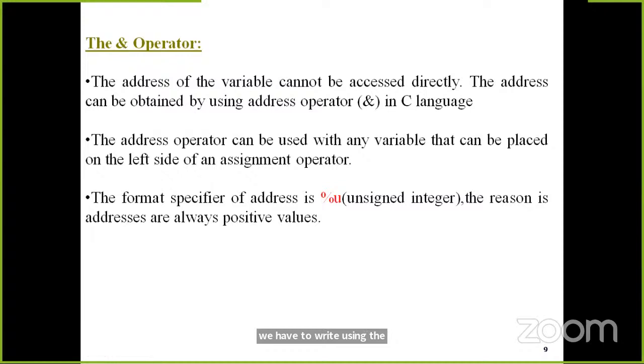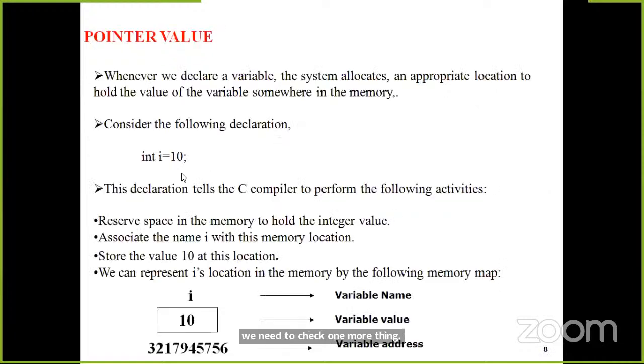For the address operator, we need to check one more thing. The address is always a positive value. That is why, instead of percentage d, we have to use the format specifier percentage u.